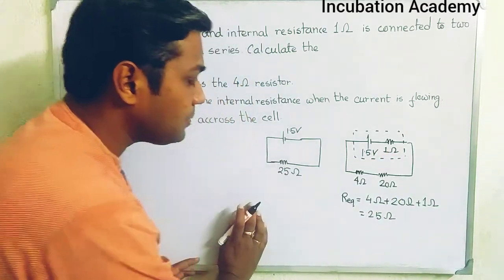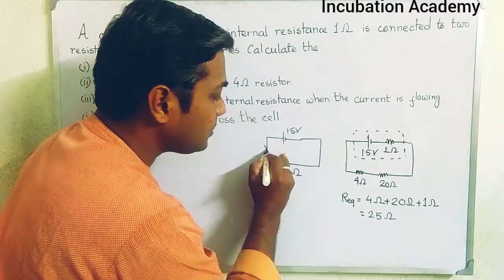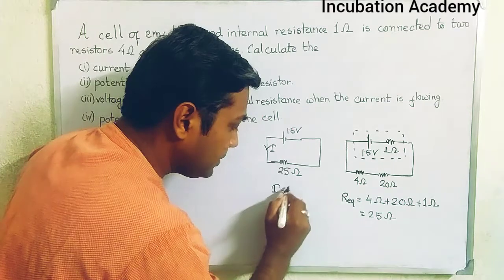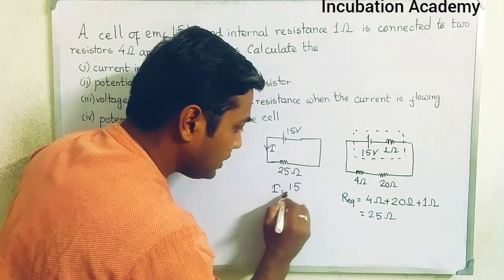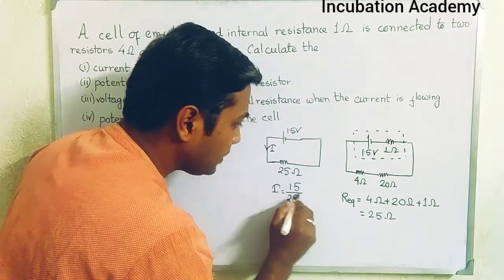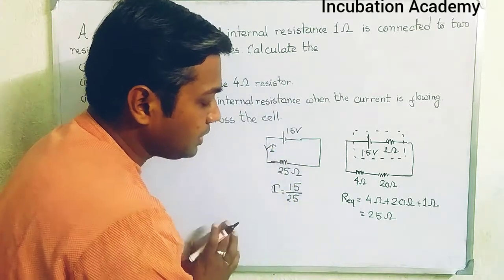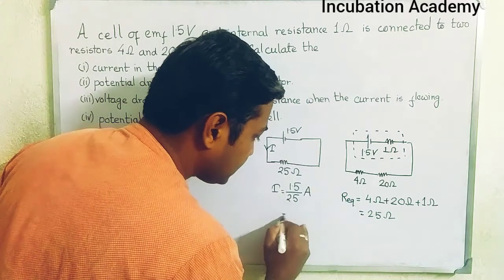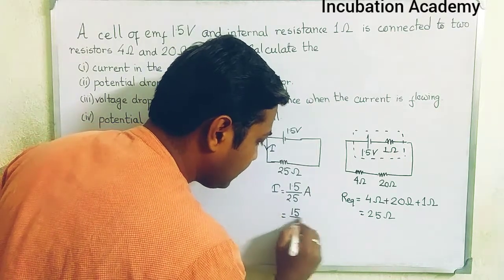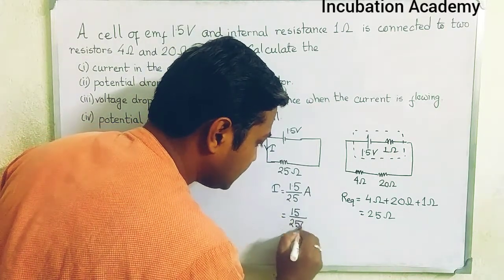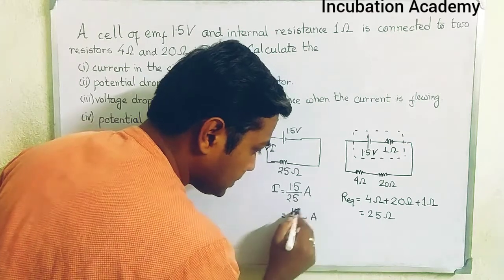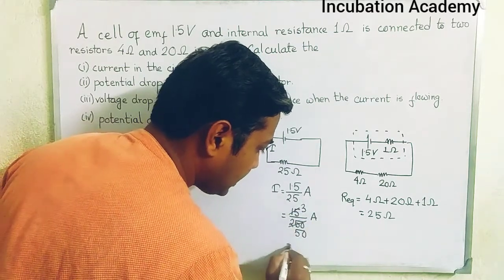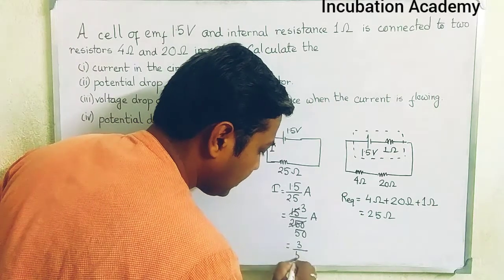Now if I try to find out the current flowing through this circuit, I equals 1.5 divided by 25, voltage divided by resistance. So it will give you the current. This is 1.5 divided by 25, which is 3 divided by 50.